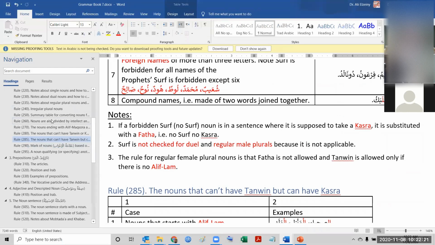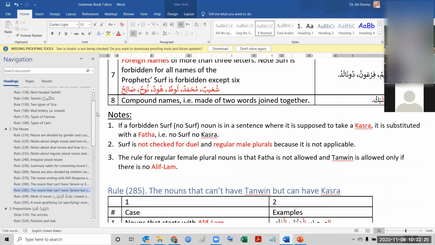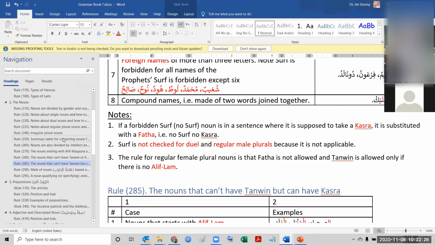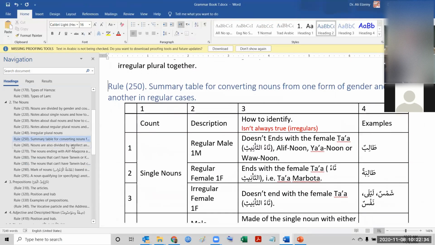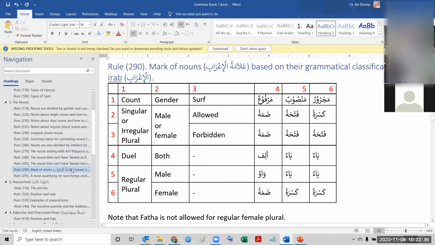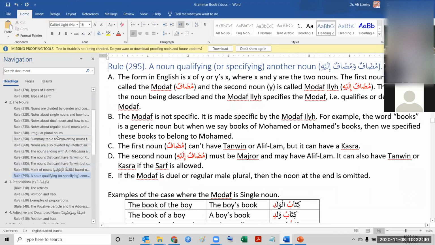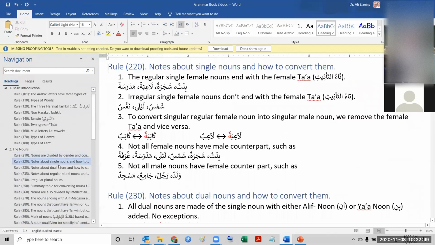Maqsura, where is it? Irregular female plural, maybe. Type of hamza, type of lam. Nouns are divided by single nouns.